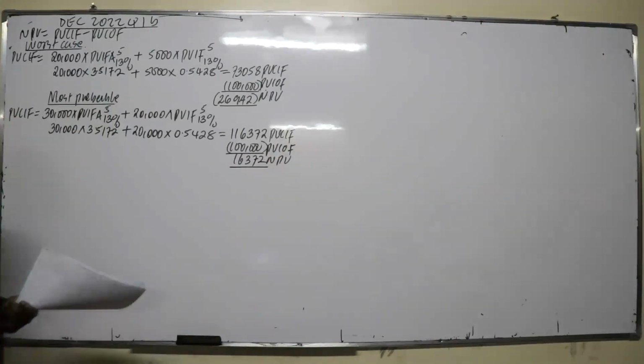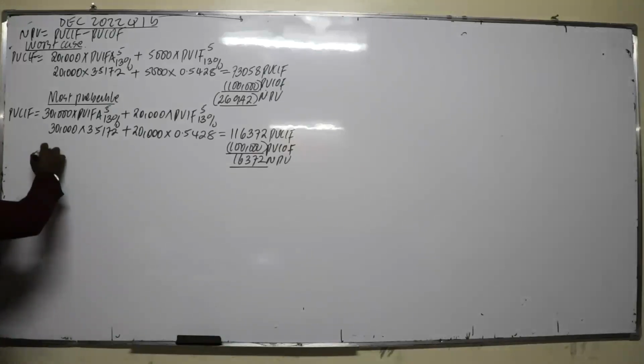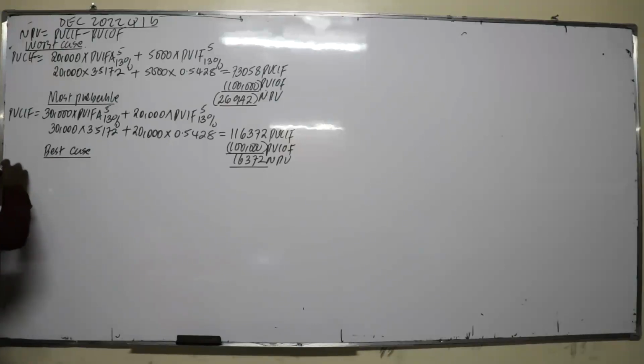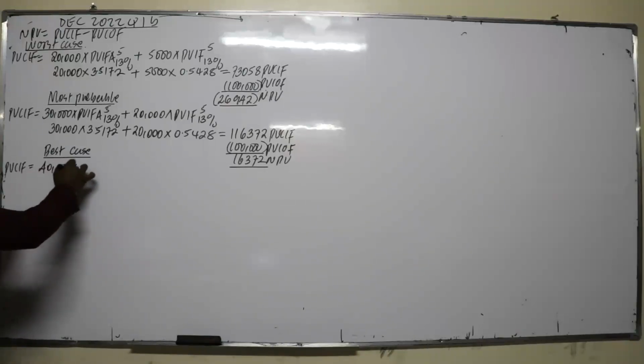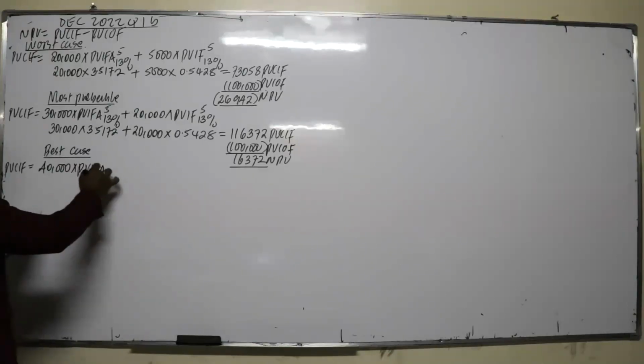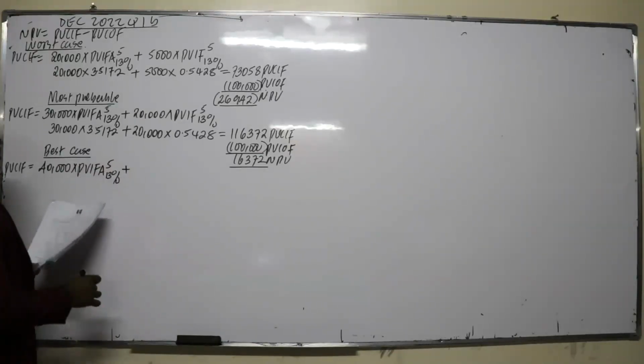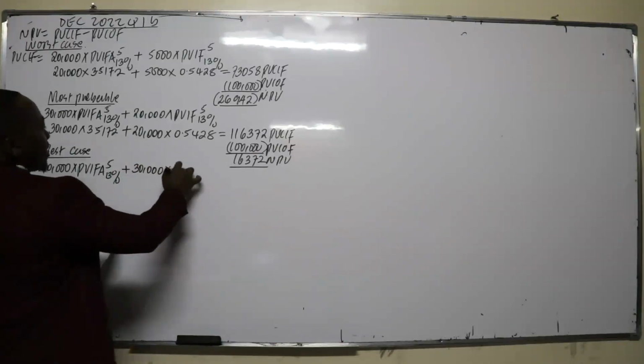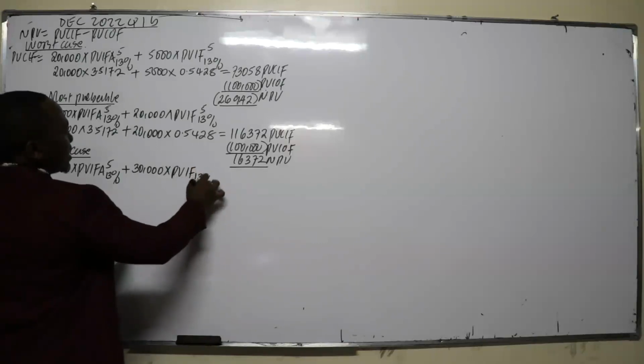Then lastly, under best case. So to get the present value of cash inflow, how much is the annuity? 40 for 5 years. Present value interest factor of an annuity, 13% for 5 years. How much is the terminal benefit? 30 present value interest factor, 13% year 5.